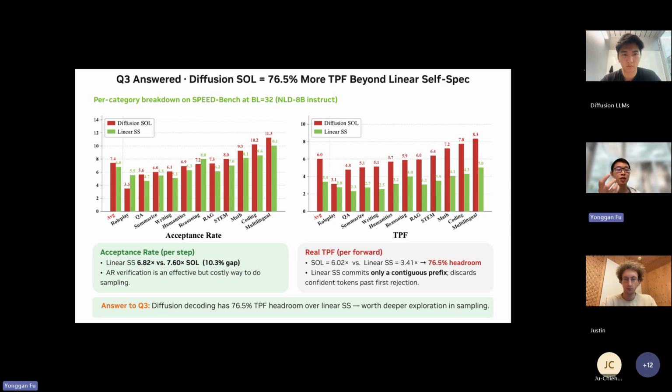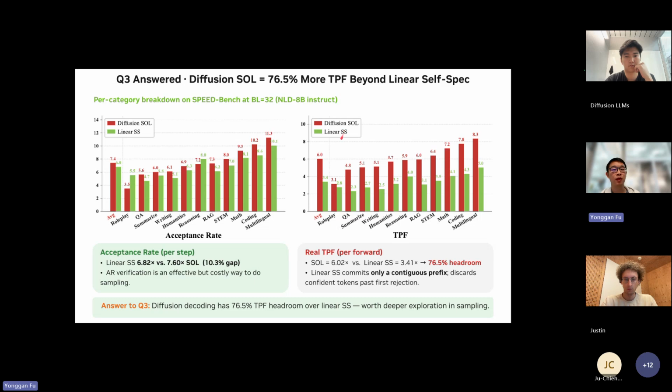So one promising direction in the future is to have a low cost sampler that can achieve a very similar effect as the verification process, but at a much lower cost. If you focus on the TPF, diffusion SOL will be much better.